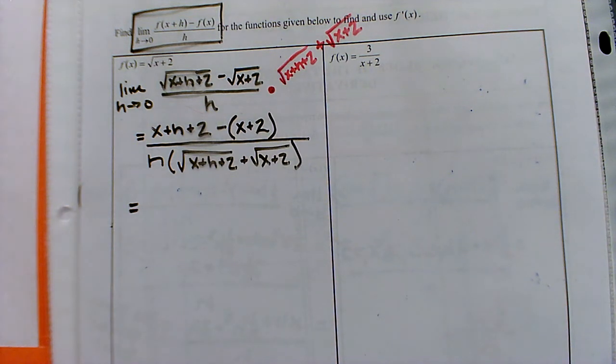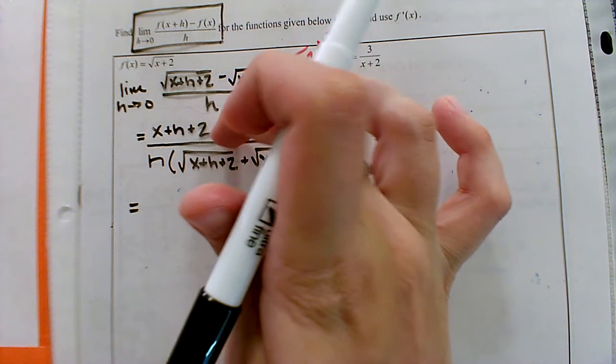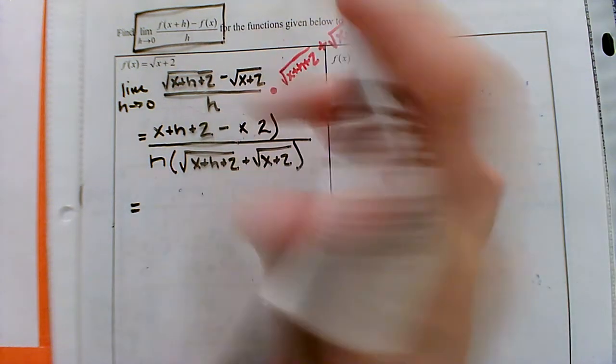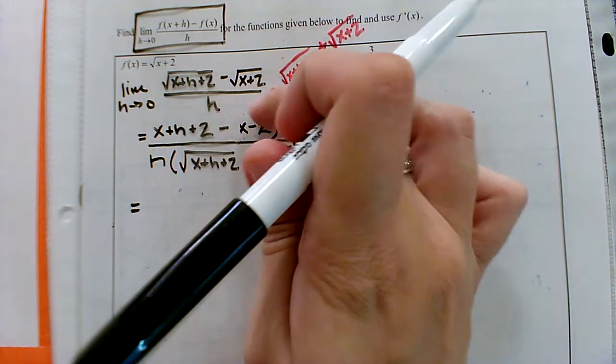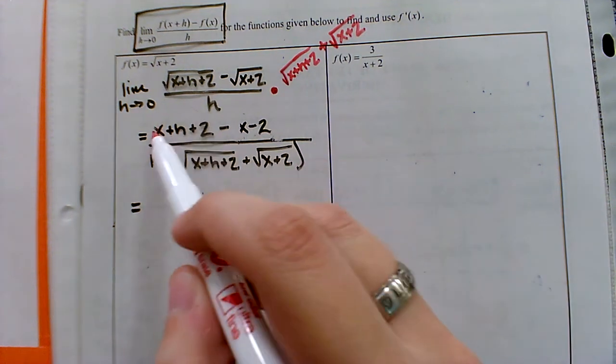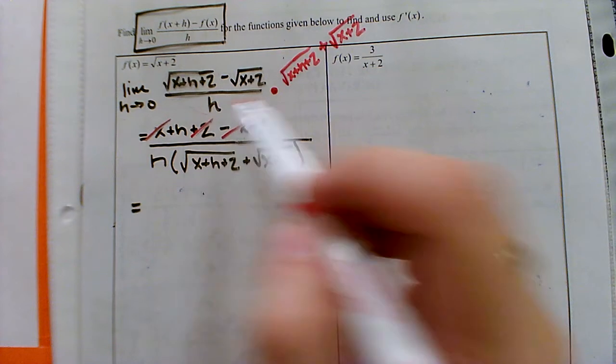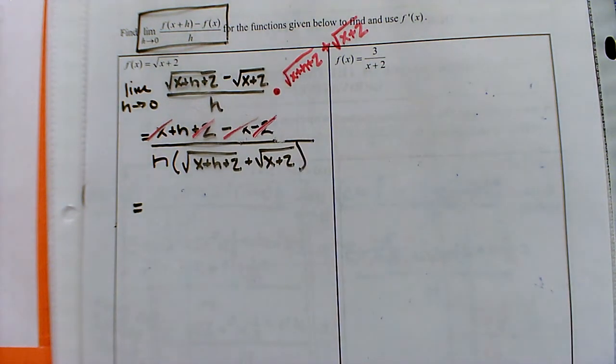If you were to distribute in that negative, maybe that'll make it a little bit more apparent. We would have a negative x and then a minus 2. Do we see how the x's would go away? Right? And then the 2's would go away. So essentially we're just left with an h up top.